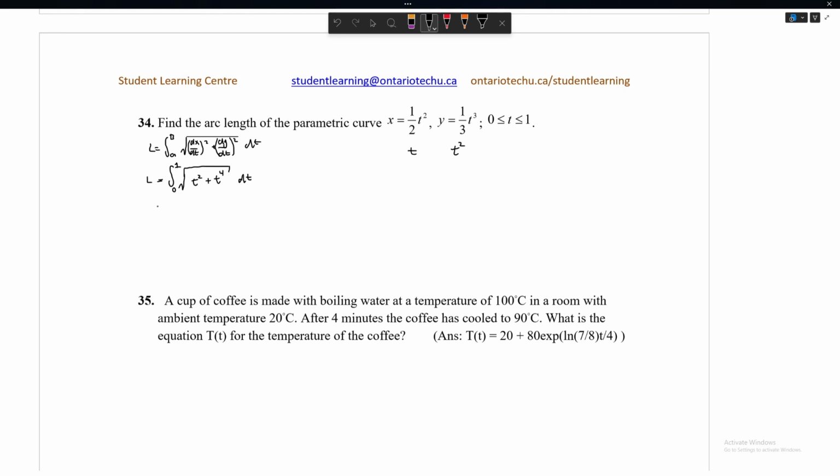Now, if you were to integrate this, what can you do? You could pull out a t squared. There you go.